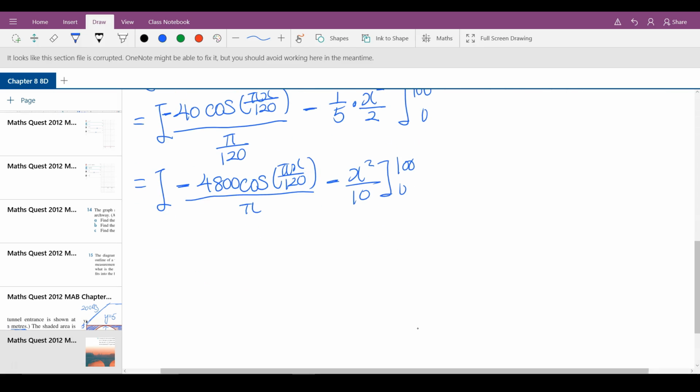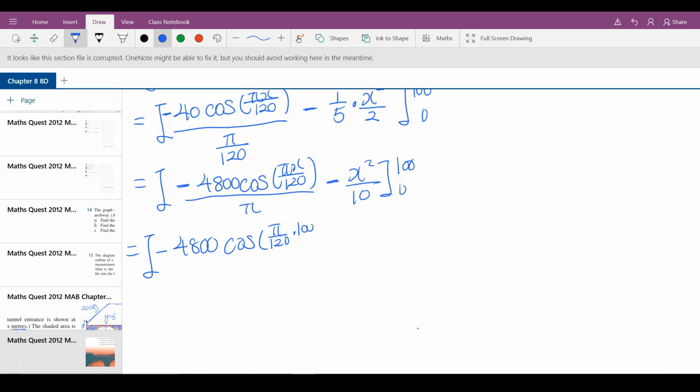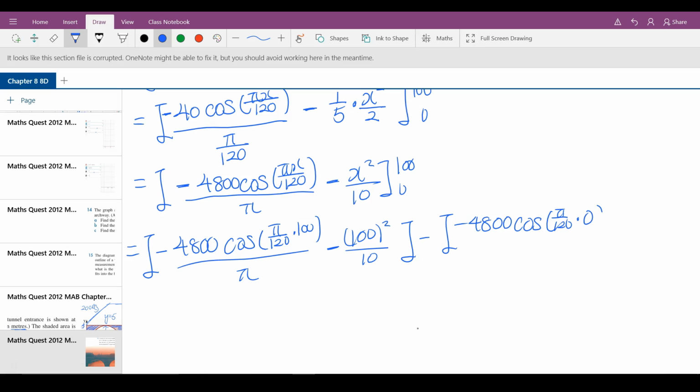Alright, let's put the values in. So it's negative 4,800 cos of pi over 120 multiplied by 100, over pi, minus 100 squared over 10, minus negative 4,800 cos of pi over 120 multiplied by 0, all over pi, minus 0 squared over 10.